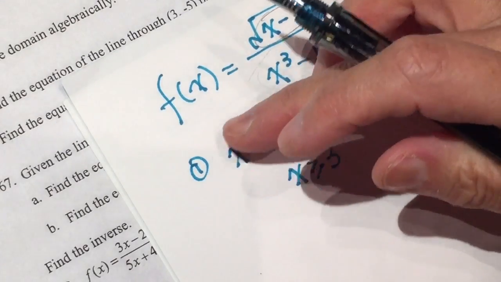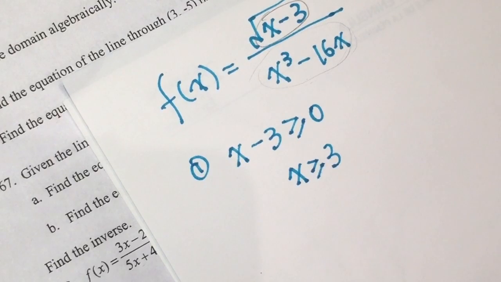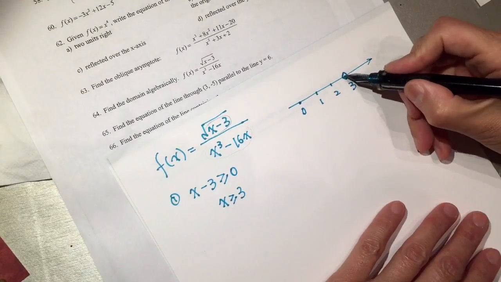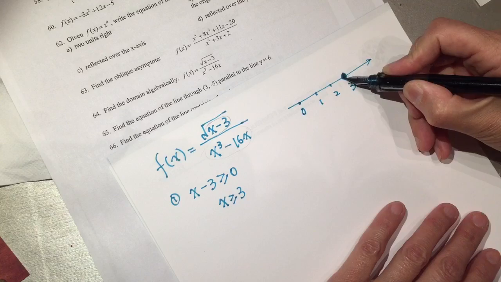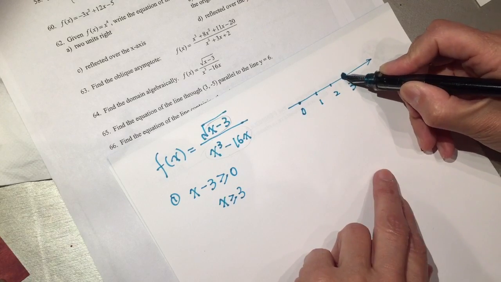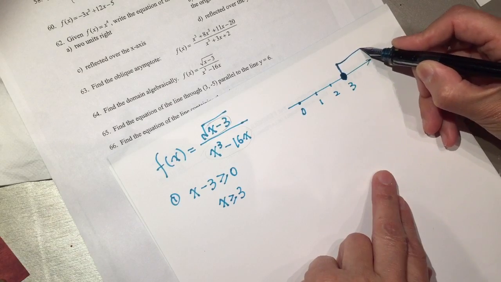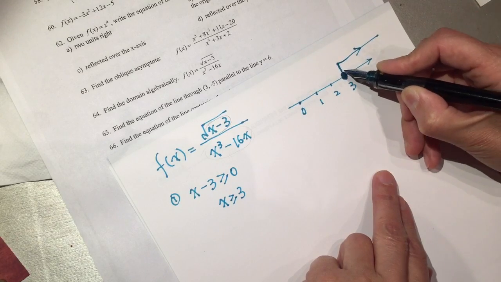We make sure, so if we put a number line 0, 1, 2, 3, okay, so this is a solid circle. It's a dot, it's not a circle. So anything from here.